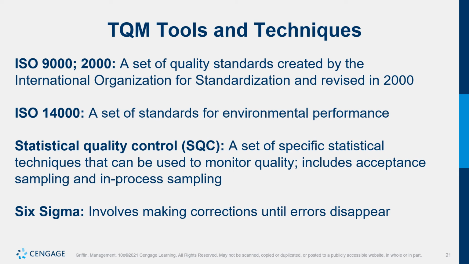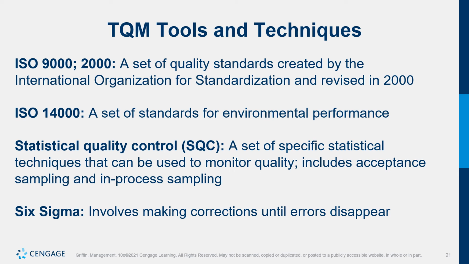Statistical quality control includes several statistical techniques that can be used to monitor quality in organizations. Especially useful are acceptance sampling and in-process sampling. Acceptance sampling involves sampling finished goods to ensure that quality standards have been met.